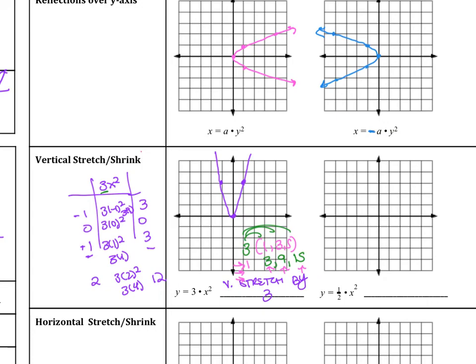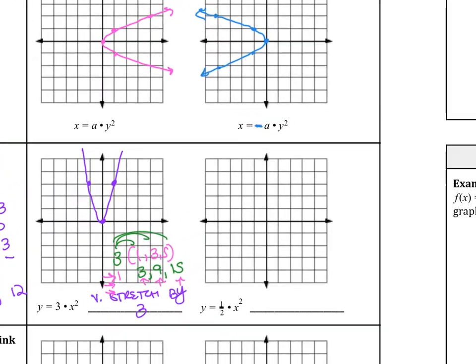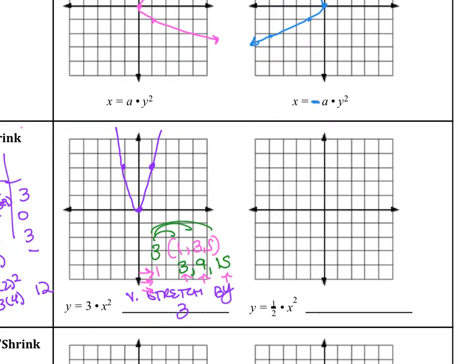Okay, so now this one. This one's a little tough. We have y equals 1/2 times x squared. So one way to think about this is we want to plug in a number that multiplies nicely to the x squared. So what number will be good here? Any multiples of 2 would be wonderful. Now let's just try 2. I'm going to try x equals 2 and see what happens. So we get 2 squared, which is 4 over 2. 4 over 2 is 2.